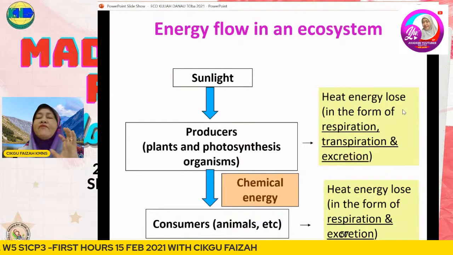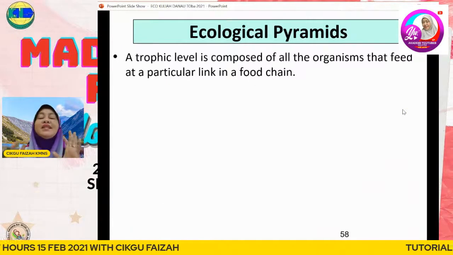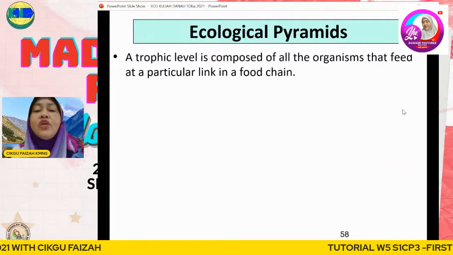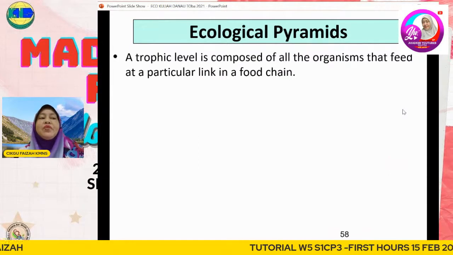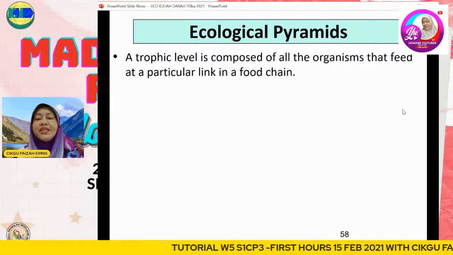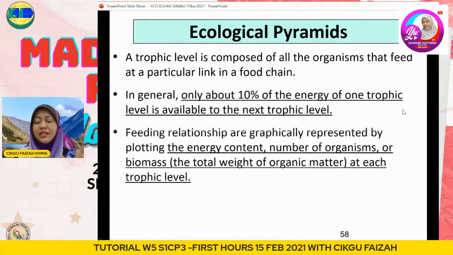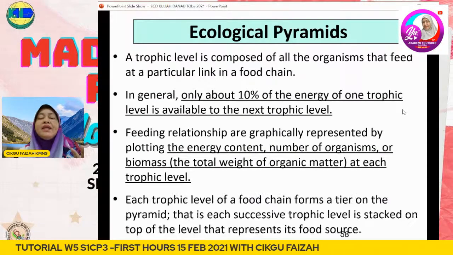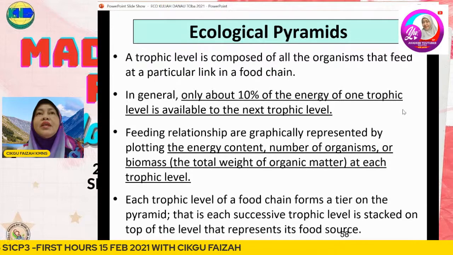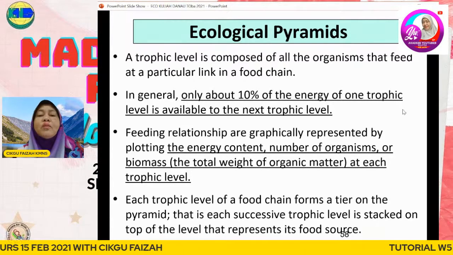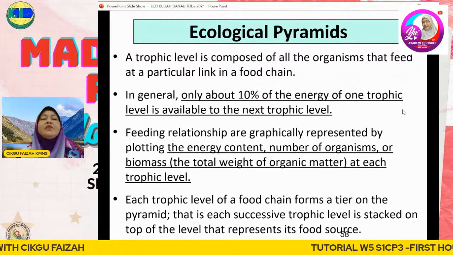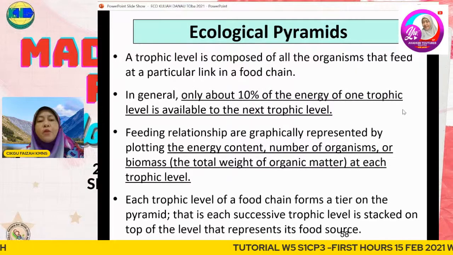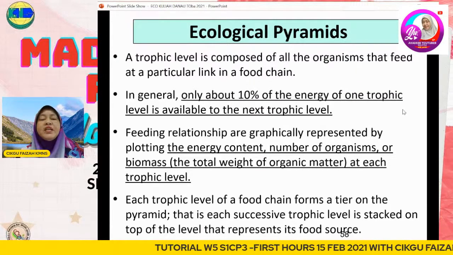You need to have this knowledge in order to understand this topic. Ecological pyramids, there are 3 types. And please take note in class and put 5 stars for this topic. Let me say it once more: please put 5 stars for this subtopic, ecological pyramid.